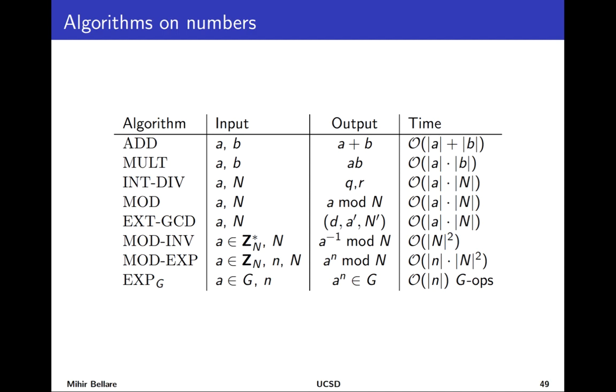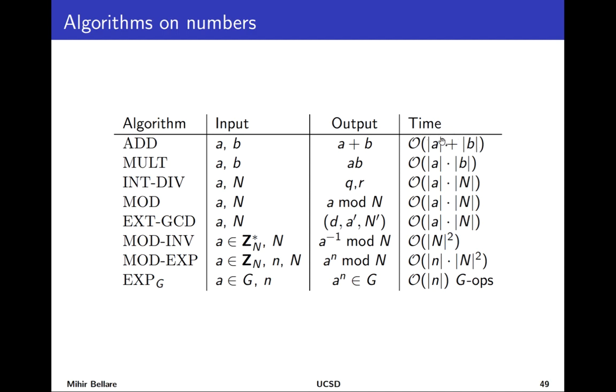Some of them are simple, well-known operations from middle school: integer addition, multiplication, integer division, returning a quotient and remainder. But what we see here is their running times from a theory of algorithms perspective and asymptotic complexity.